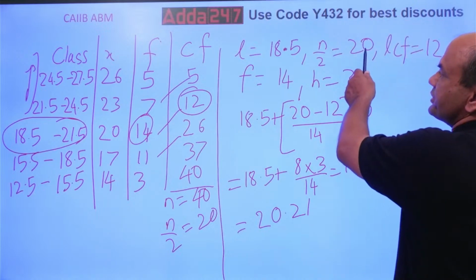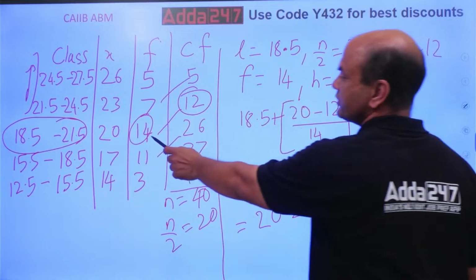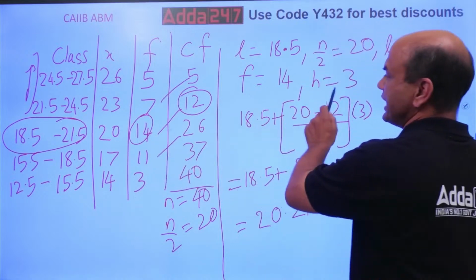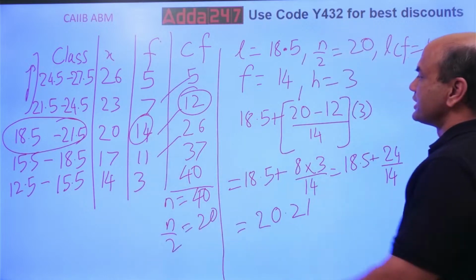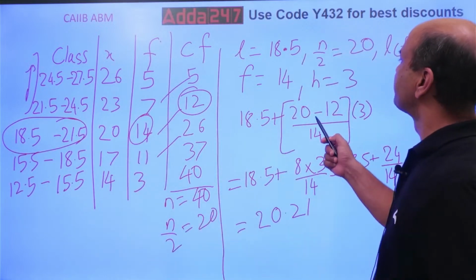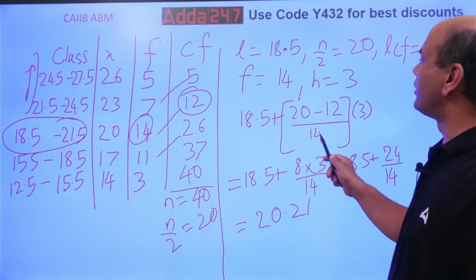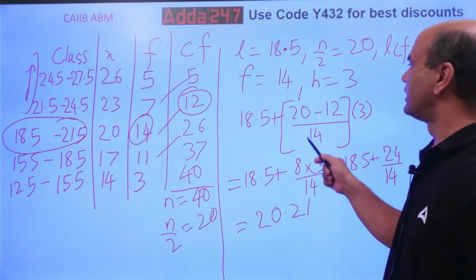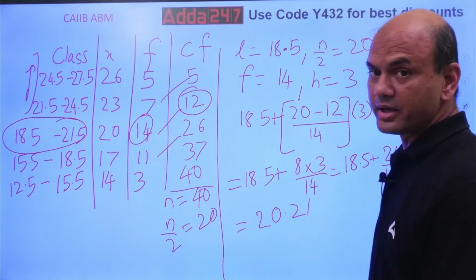N upon 2 becomes 20. L becomes 18.5. F becomes frequency of this class, 14. And h becomes 3, height, means width. Okay? So it is 18.5 plus (n upon 2, 20 minus LCF, 12) upon f, 14, into h, 3. Solve this. You will get it as 20.21. This is your median.